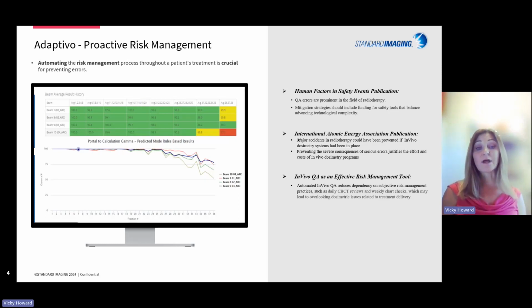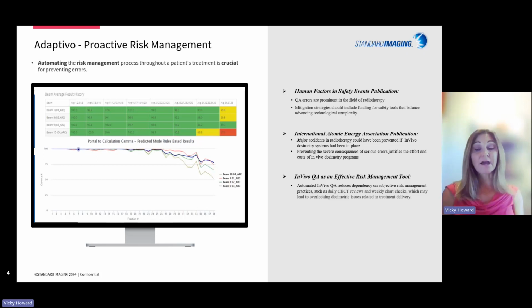A 2021 article on human factor associations with safety events showed that QA errors are prominent in the field of radiation therapy and can lead to severe consequences. The article highlights the importance of establishing departmental funding for safety tools that balance the ever-growing complexity of treatments and technology in our field.